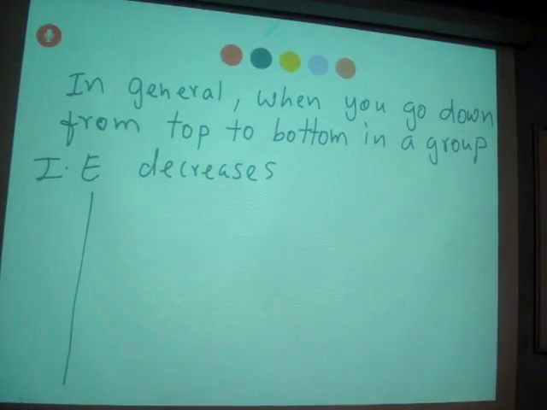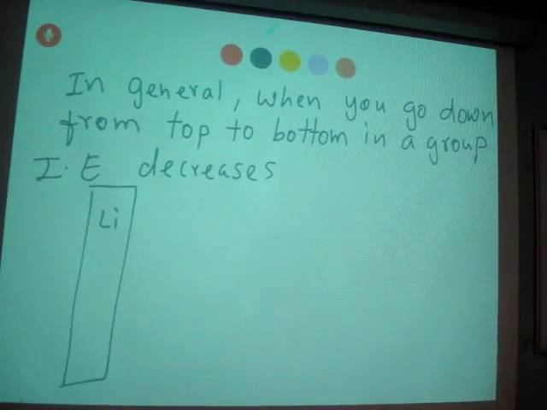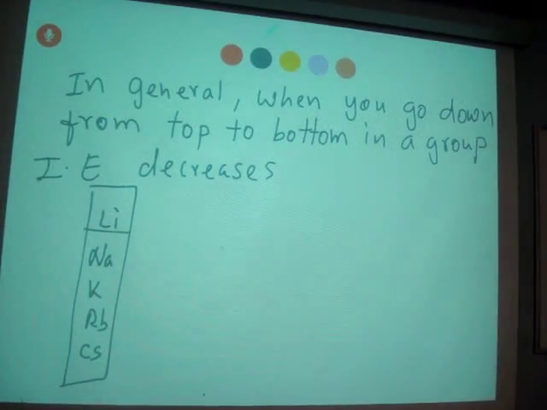Let's take the alkali metals: lithium, sodium, potassium, so and so forth, rubidium, cesium. Lithium is n equals 2, then n equals 3, n equals 4, n equals 5, n equals 6.